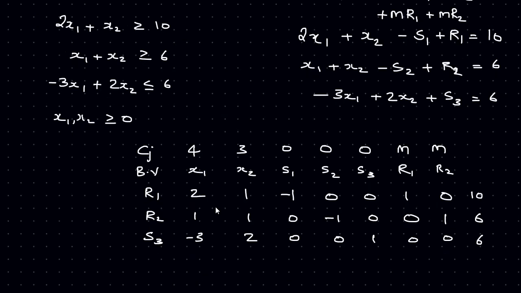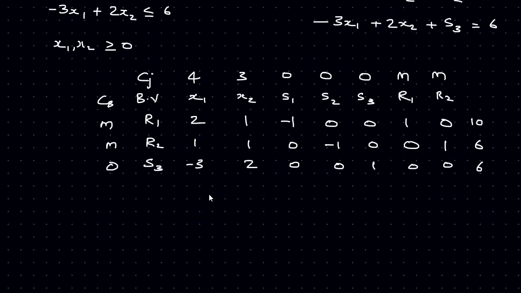Then we also write the coefficient values for the basic variables: corresponding to r1 we have M, corresponding to r2 also M, and for s3 0. These values come directly from the objective function coefficients. Now we have the initial simplex table, so we can calculate zj.